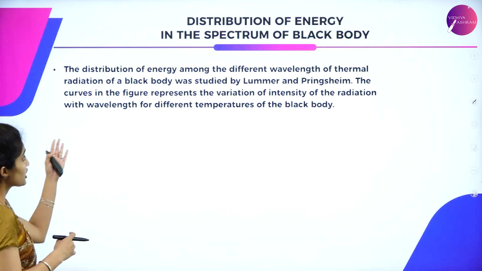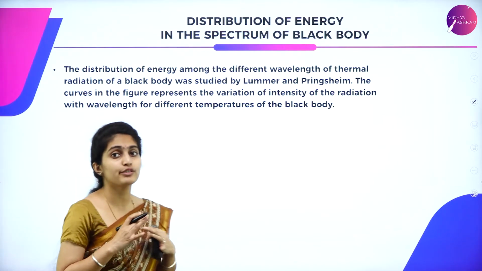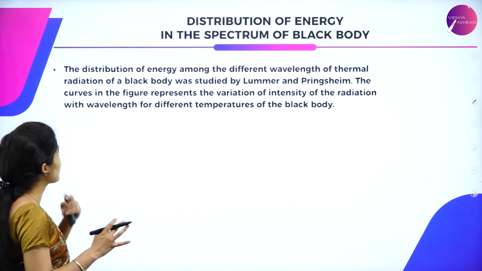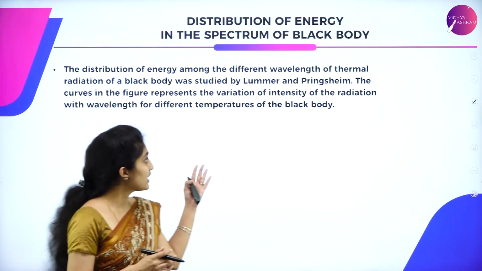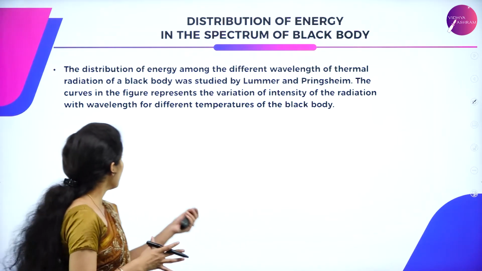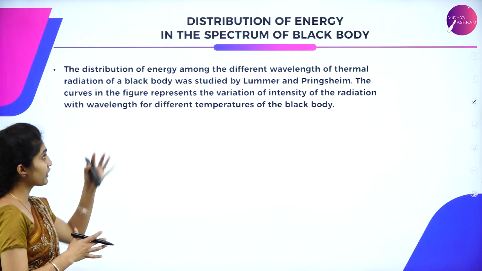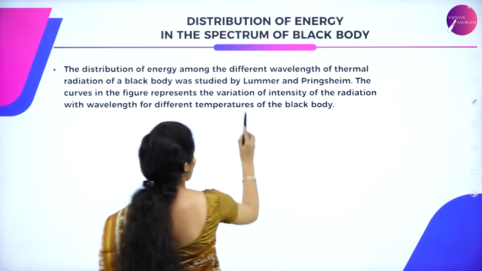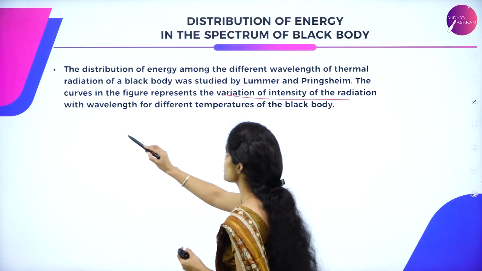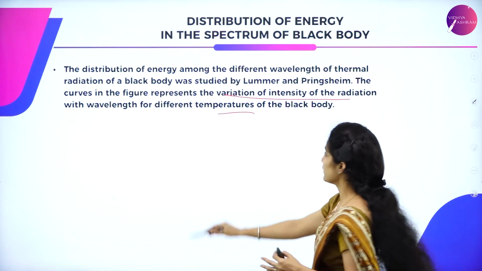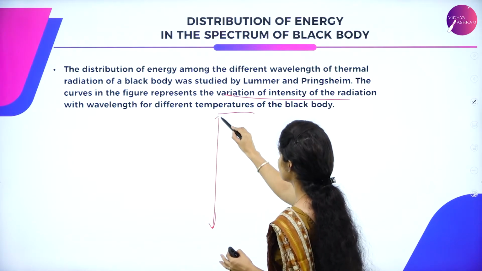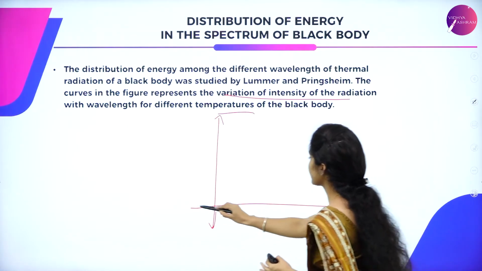The distribution of energy among different wavelengths of thermal radiation of the black body was studied by Lummer and Pringsheim. Here the curves in the figure represent the variation of intensity of the radiation with wavelength at different temperatures.